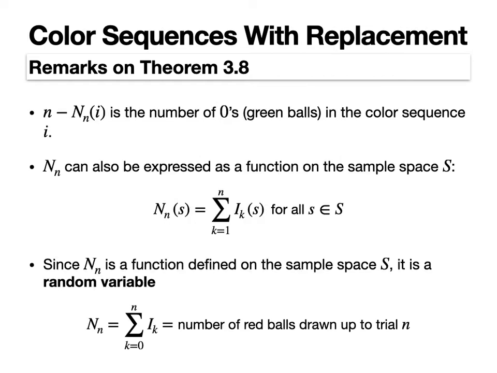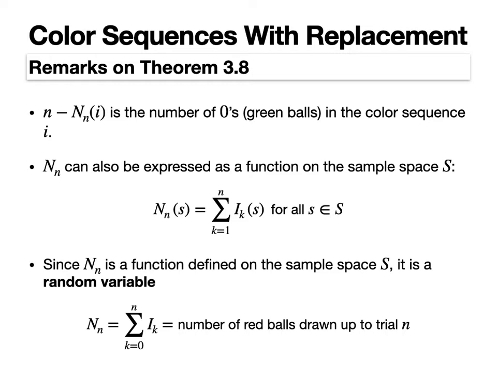So just a few remarks on that. First of all, n sub n of I represents the number of ones, or the number of red balls in the sequence of length n. So n minus that would be the number of zeros, or green balls, in the color sequence. Importantly, we can also express n sub n, the number of red balls, as a sum of the indicator variables, right?